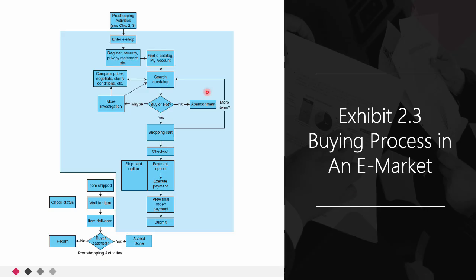We will start from the upside of the slide, which is called pre-shopping activities. It happens before you even click buy. You do some product research, you read some reviews, you compare prices, you check Amazon versus Walmart, or between Shopee and Momo, something like that. And this process will help you to make a decision.